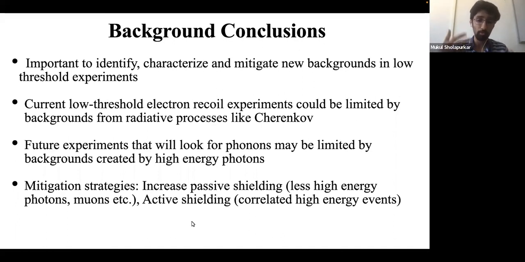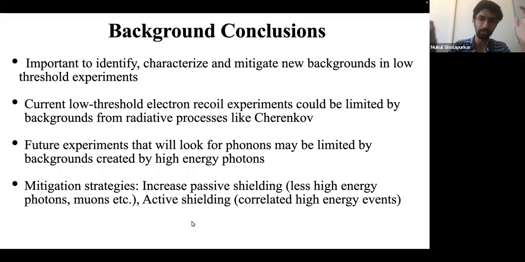But on top of that, you could also have active shielding placed around the detector. So you can actually identify when a high energy photon is going through, because that photon will typically leave some imprint, maybe through a Compton scatter or something like that, in the active shield.